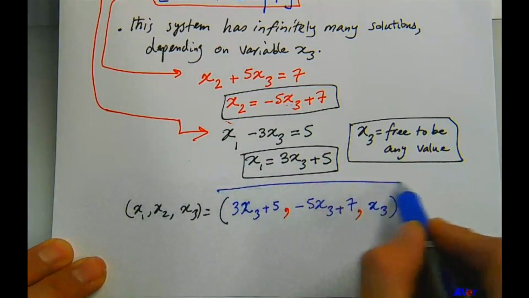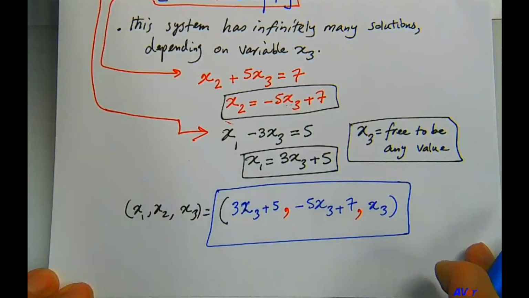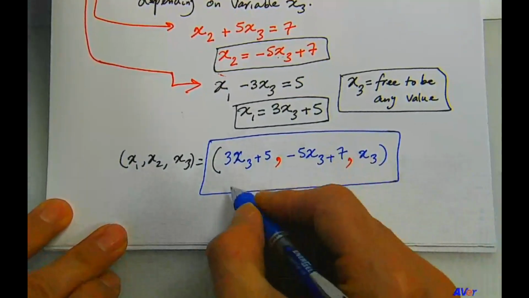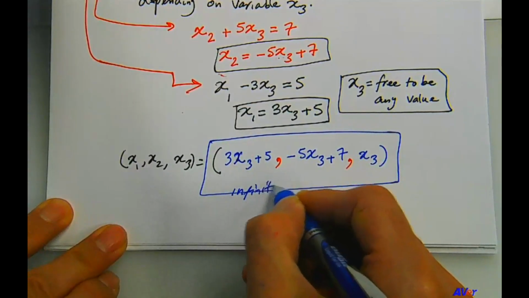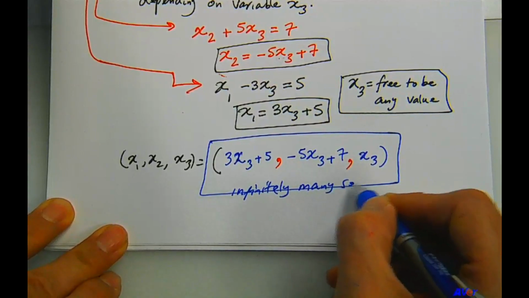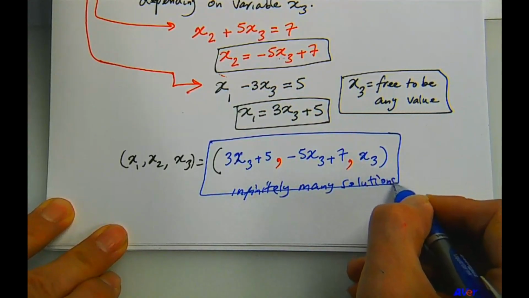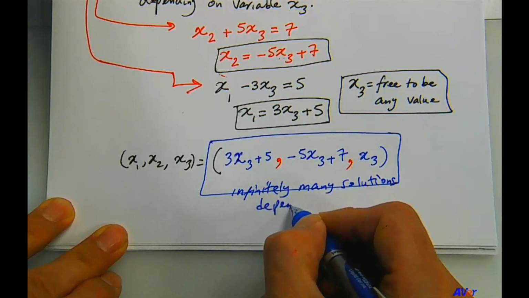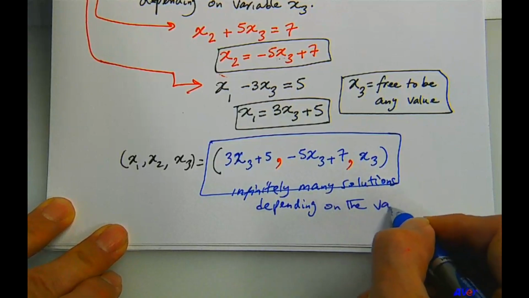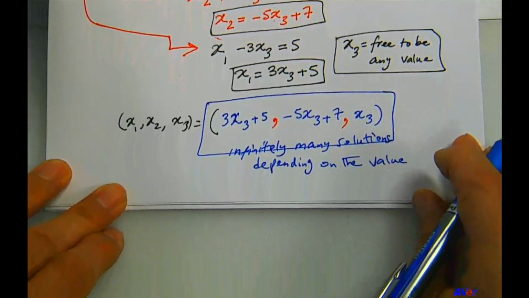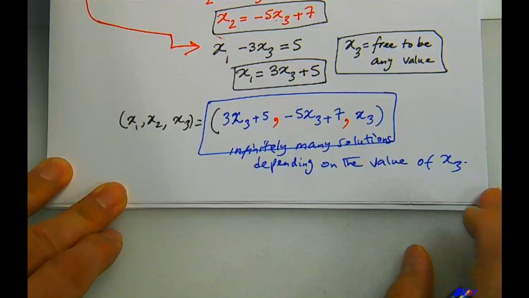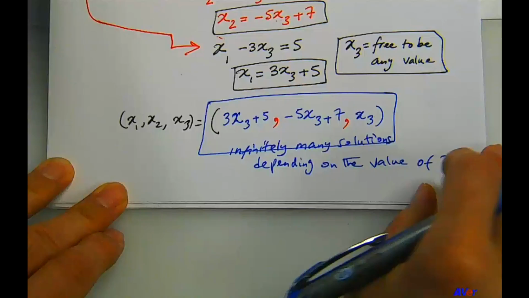So this is the solution of that system, which depends on x3. And so let me add, this is infinitely many solutions depending on the value of x3. Okay, so that's one of the special cases.